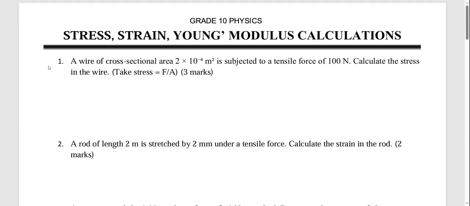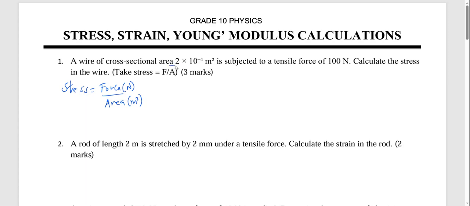So therefore, stress is given by force all over area, and the force is in SI unit of Newton, and area is in square meters. Therefore, let's look at our question.